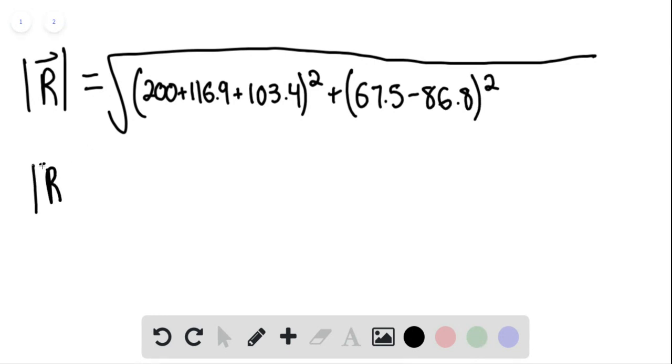And so the magnitude of our vector would be 421 feet.